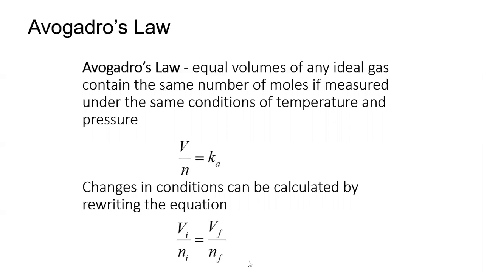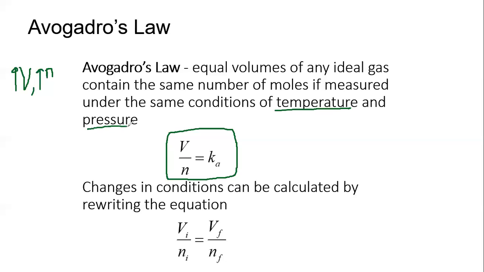So if you look at Avogadro's law, which is V over N equals Ka. What this means is, as we increase the volume, we're going to increase the moles of gas at a constant temperature and pressure. So we can rewrite this equation as V equals K times N, and if we graph it, it would look something like this.